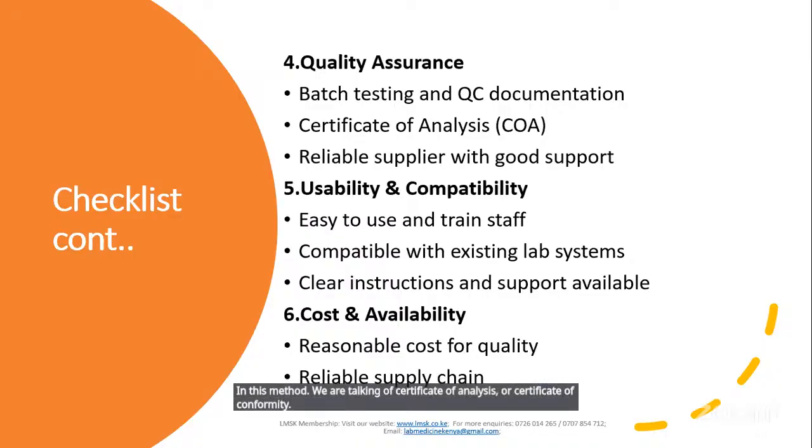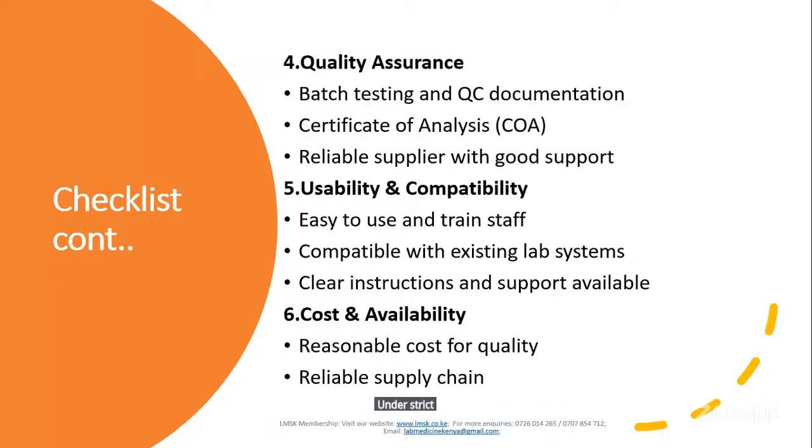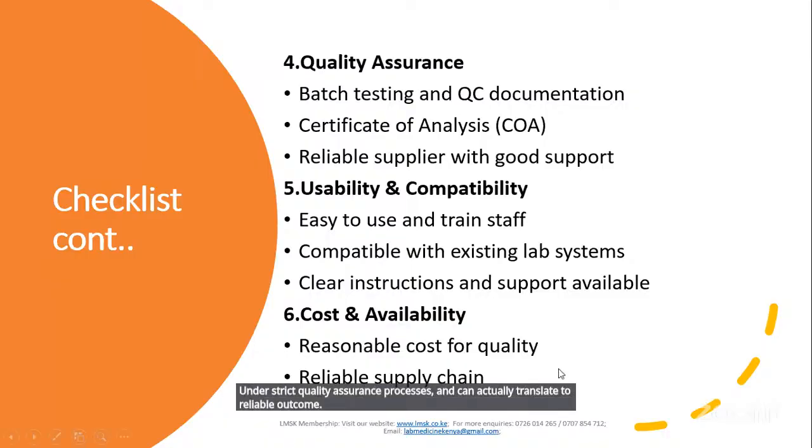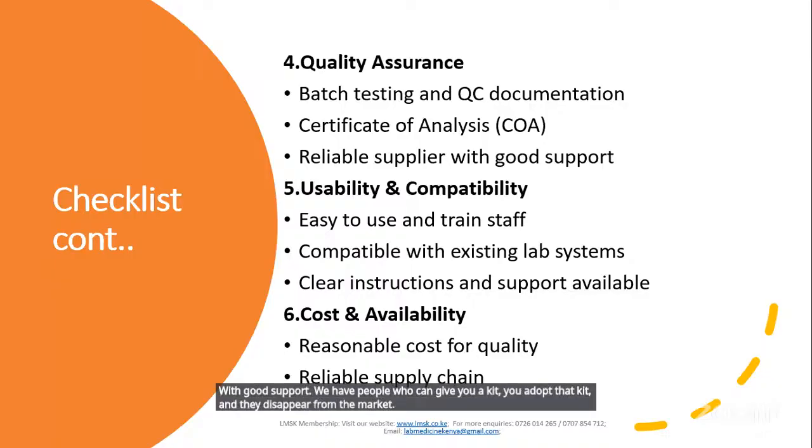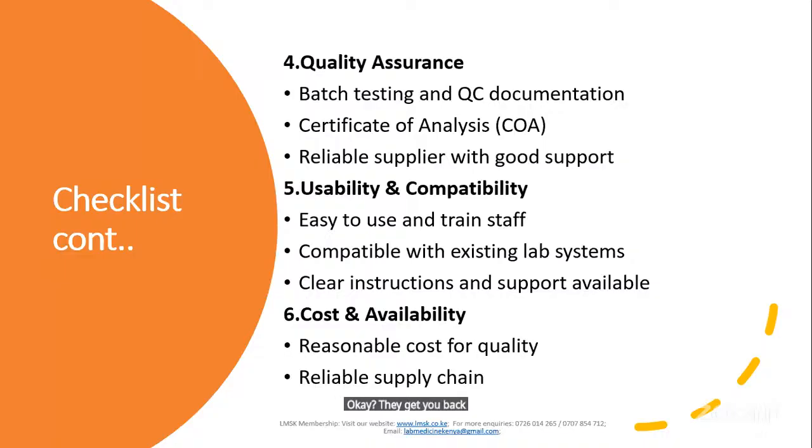Has the manufacturer given sufficient information that this methodology, analyzer or test kit has been produced under strict quality assurance processes and can translate to reliable outcomes? Then we also look at whether the supplier is reliable, with good support. We have people who can give you a kit, you adopt that kit and they disappear from the market. They get you back to ground zero. Those are some of the things we need to review.